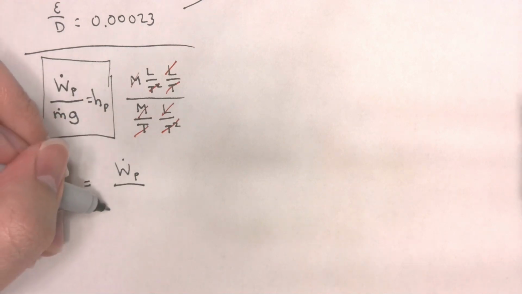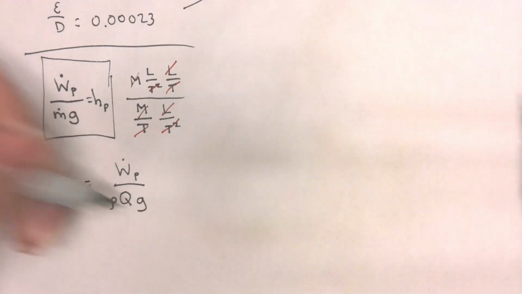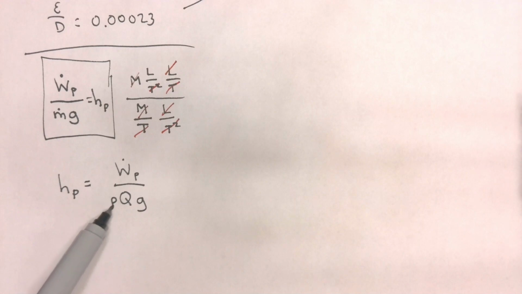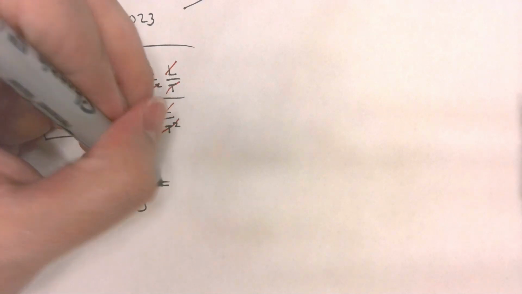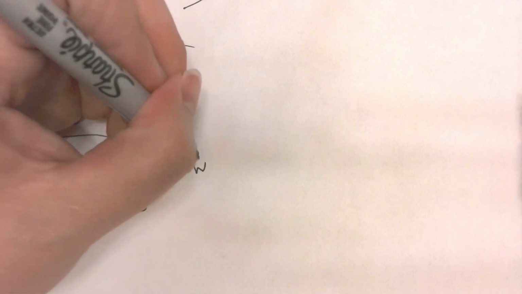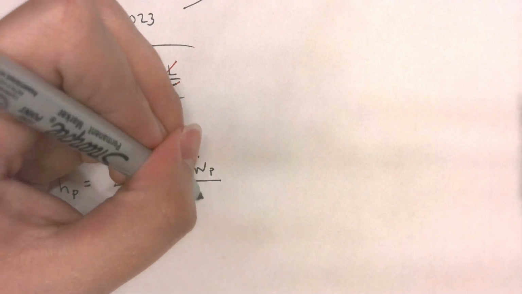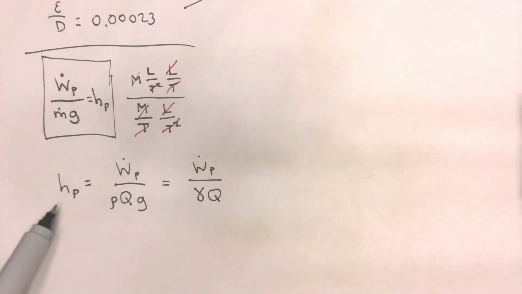Flow is steady and uniform, so mass flux is just density times flow rate. And then gravitational acceleration. Density times gravitational acceleration is what fluid property? Specific weight. Yep. So we get this expression for pump head and pump power.